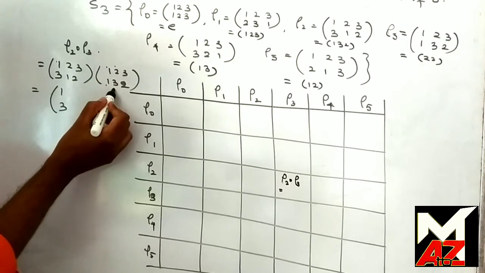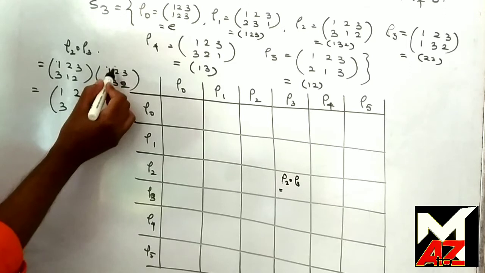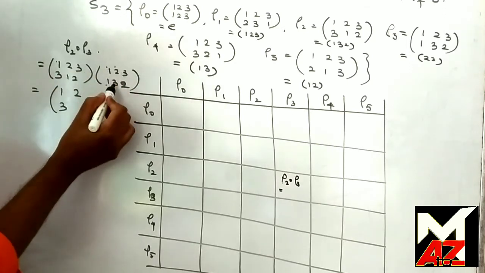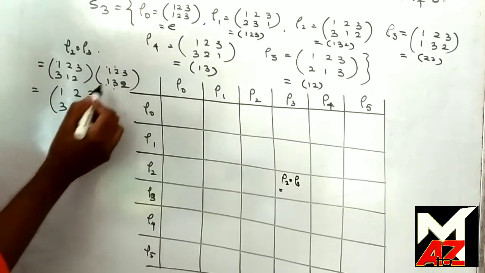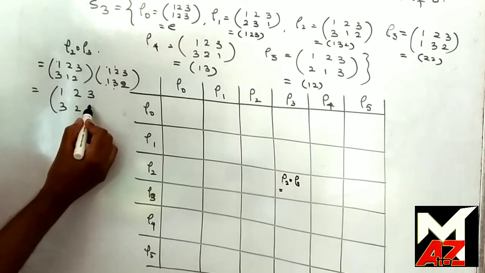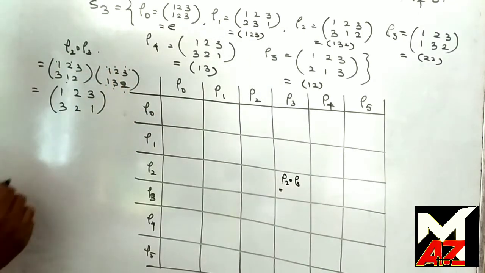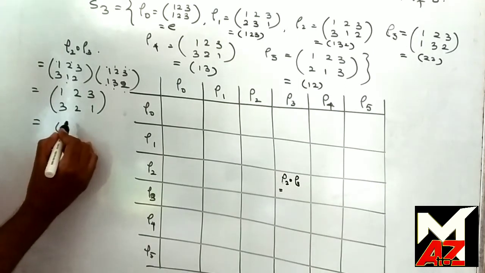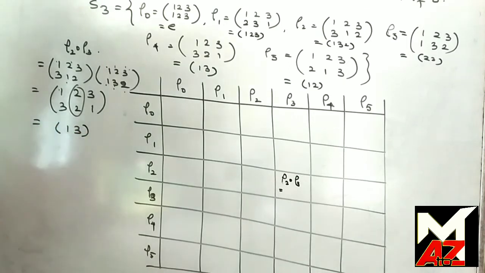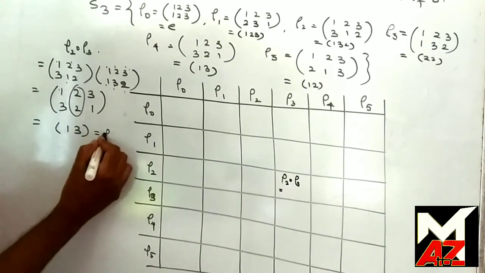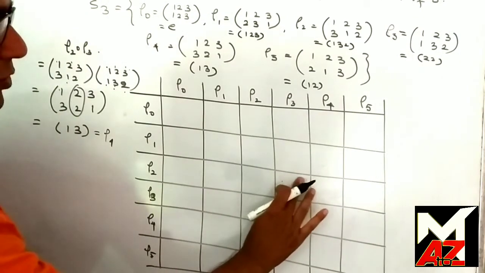Now 2 goes to 3 and 3 goes to 2, so 2 ultimately goes to 2. And obviously 3 ultimately goes to 1, because 3 to 2 and 3 to 1. And this is 1 to 3 and 3 to 1, that is the cycle 1, 3, and this gives the result row 4. So here we write row 4.